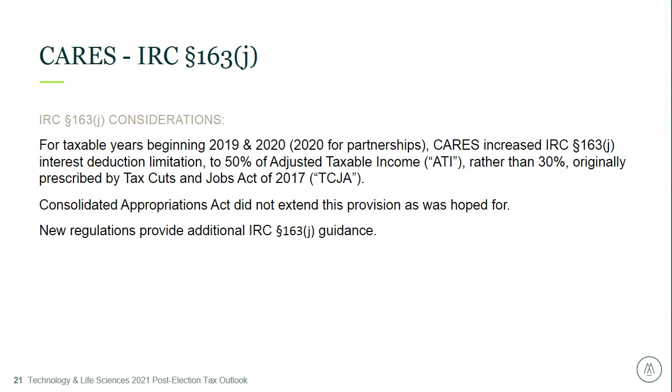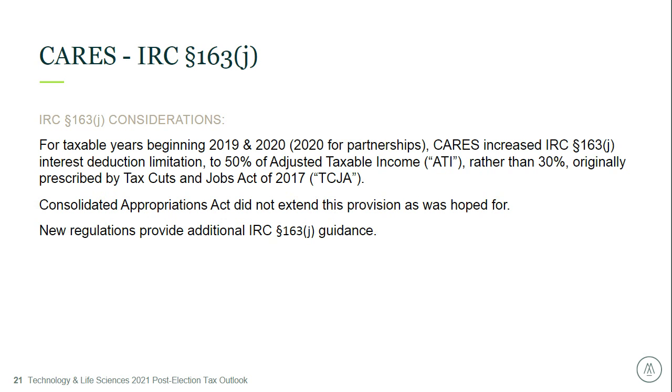Another provision that was issued as part of CARES was IRC 163(j), which was part of the Tax Cuts and Jobs Act. This particular provision provides that interest expense is limited in deductibility to 30% of adjusted taxable income. So CARES comes in and says, we want to make this provision less detrimental.